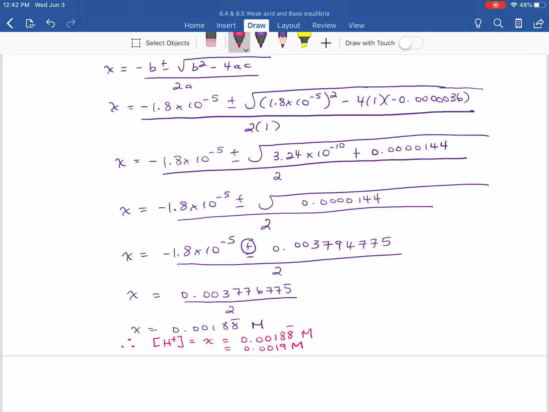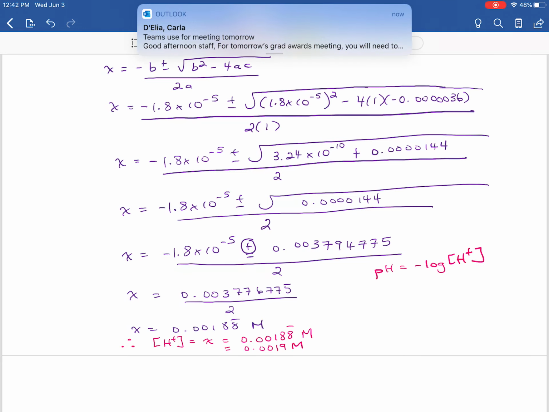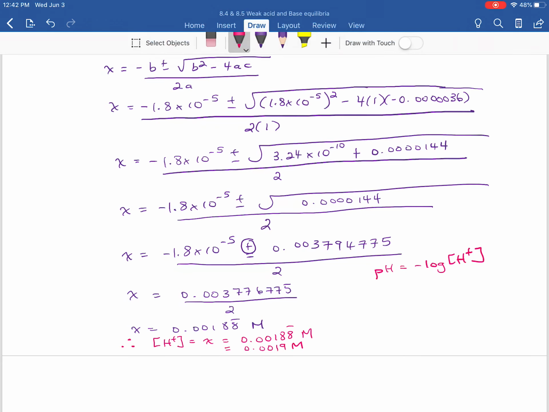They're asking me to find the pH. The pH is the negative log of the concentration of hydrogen ion. Let's plug that in.